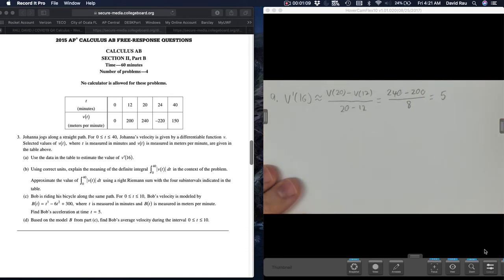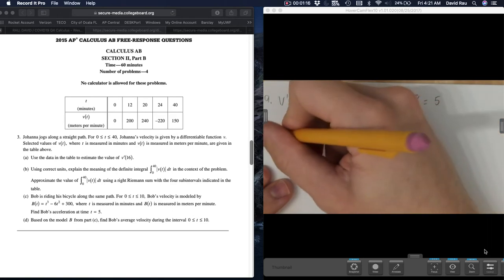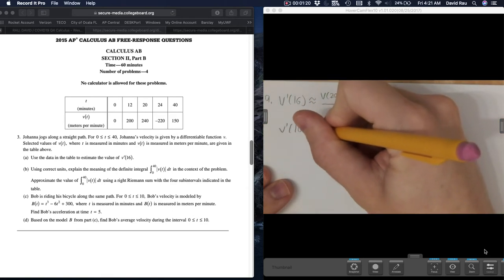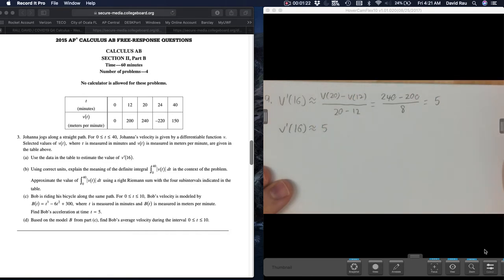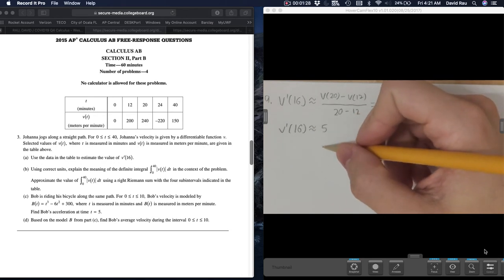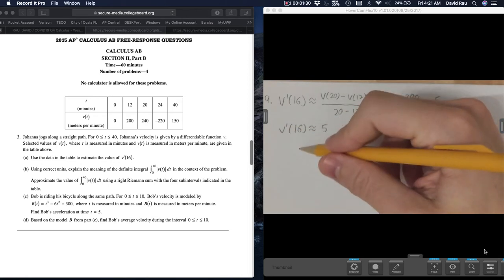Now we just need to estimate V prime of 16, but notice that we have units here, so we can say V prime of 16 is approximately 5, and remember we just derived velocity, so what is velocity measured in? Meters per minute, in other words, dv over dt.